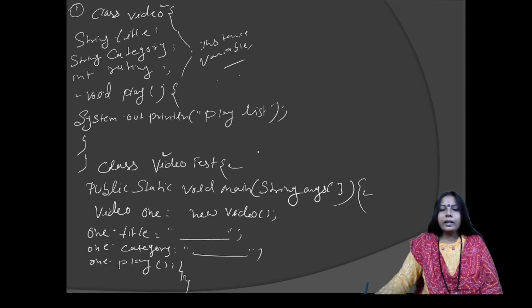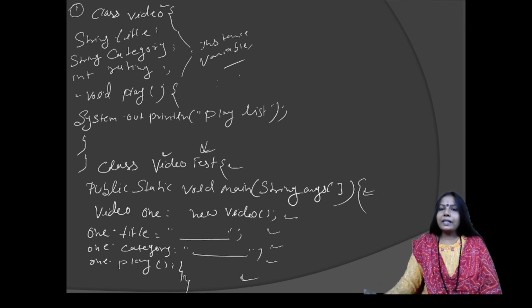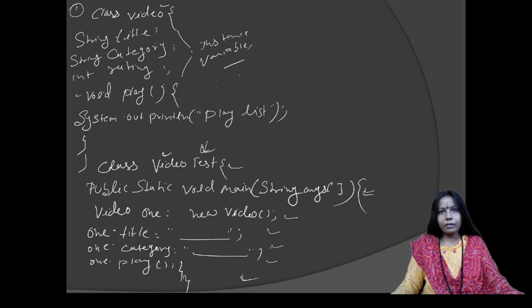So here, after compilation, Java loads your class file first. Now it will try to execute every statement that is present inside the main method. It will execute until the statements end.